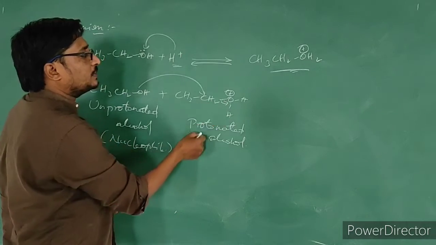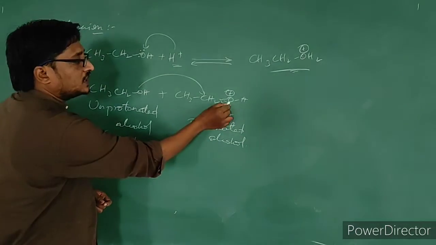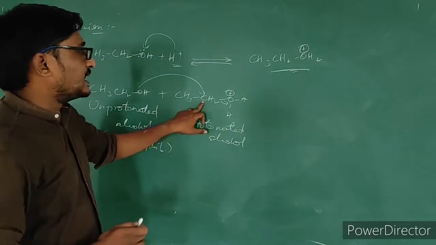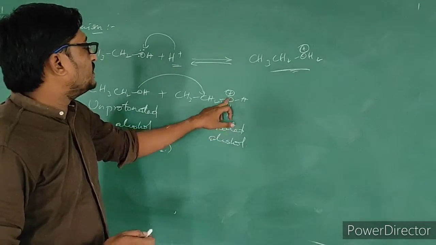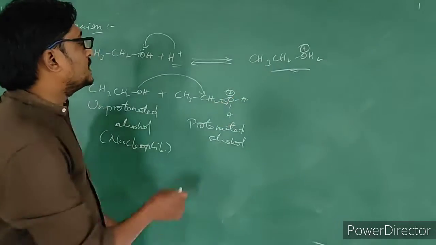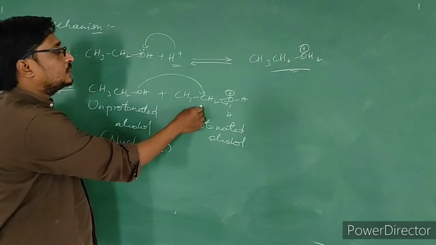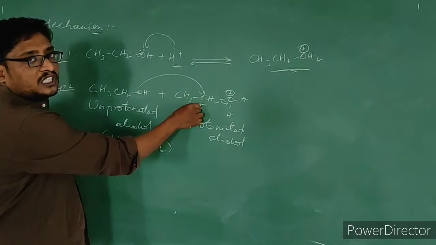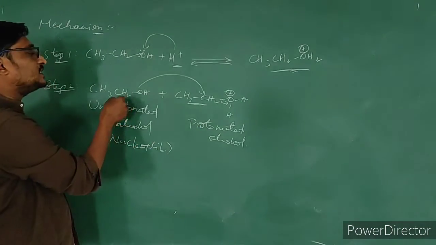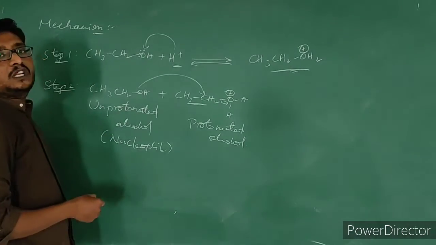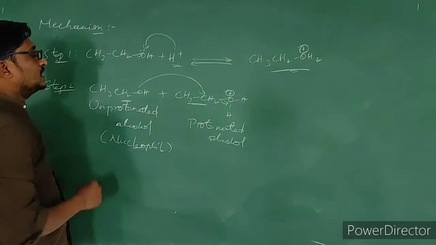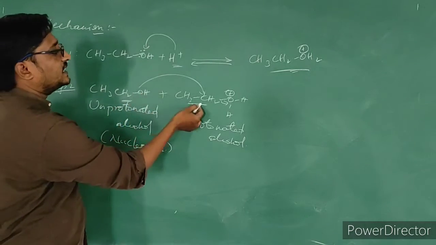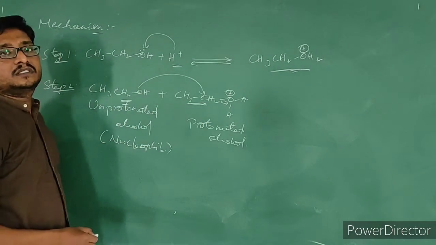Both the bonded electrons are taken up by this oxygen, since it is positively charged and more electronegative than carbon. Now this carbon gets a positive charge. The unprotonated alcohol, acting as a nucleophile, attacks this positively charged carbon.